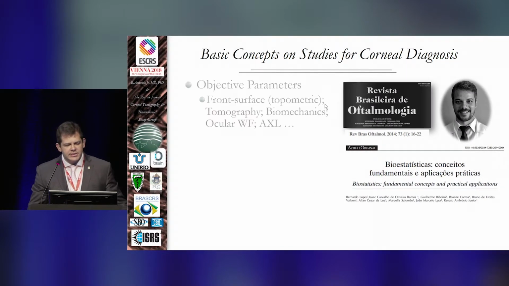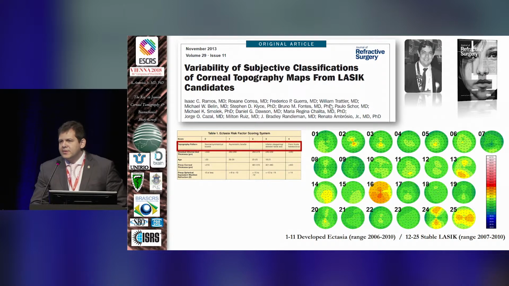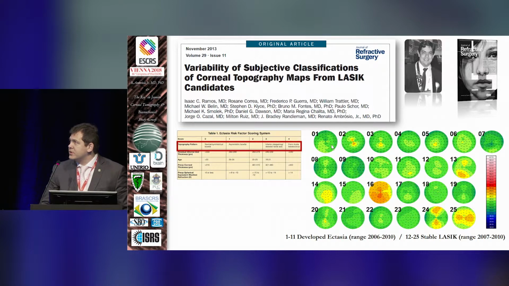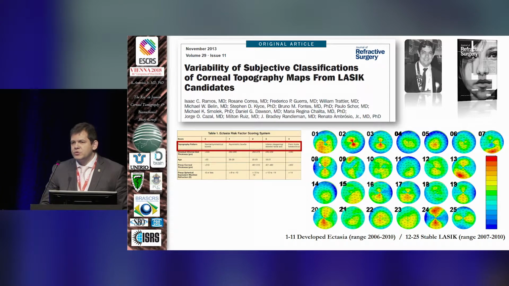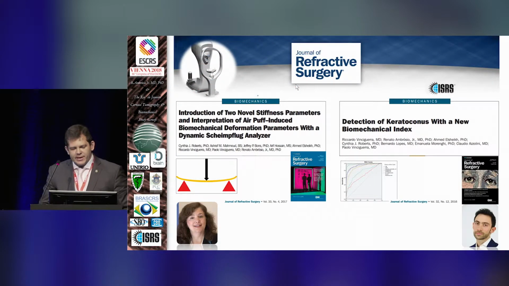So how do we do that? We have objective parameters. We need those because if you look at the experts, when they try to interpret those topography maps, they vary. They vary with themselves if you change the scales. So it is very important that you have objective parameters. Objective from topography, from front surface, from tomography, 3D, elevation, front and back, and thickness, and also from biomechanics.